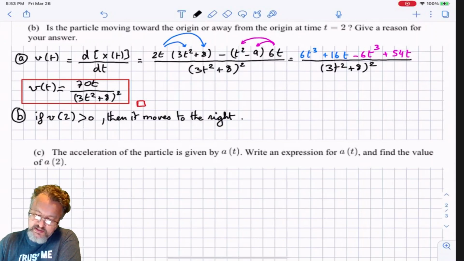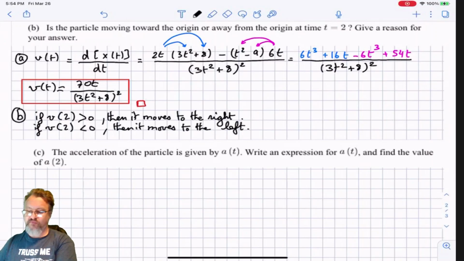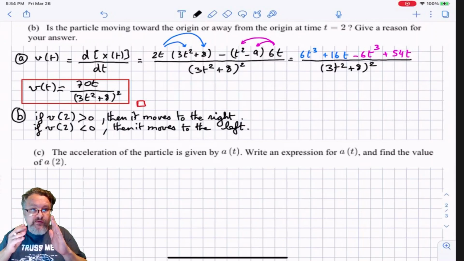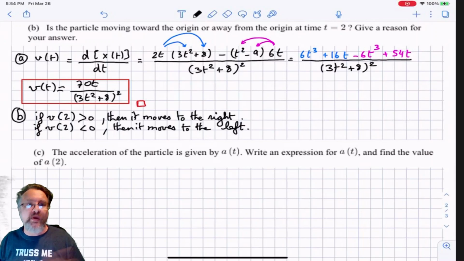And if v is negative, then the particle moves to the left, right? So basically, I'd like to know where it is at t equal 2. Is it to the right of the origin or to the left of it? And then where is it going?